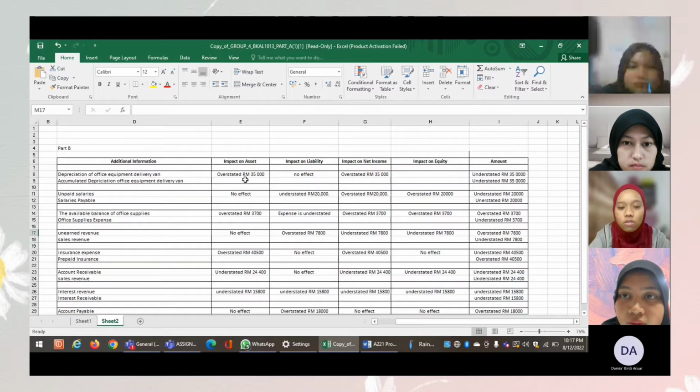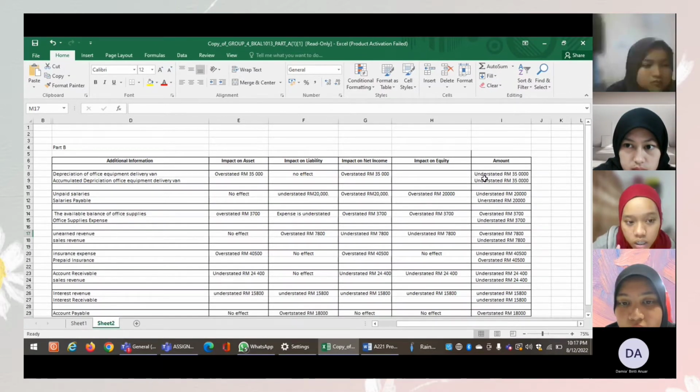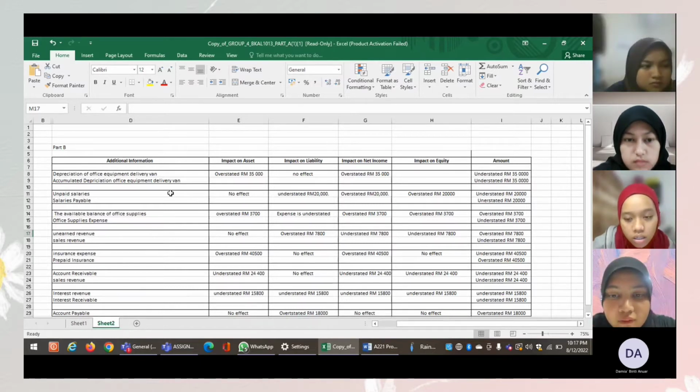It is overstated in asset and no effect in liability, and net income will be overstated 35,000. Then accumulated depreciation of office equipment and delivery van will be understated 35,000.